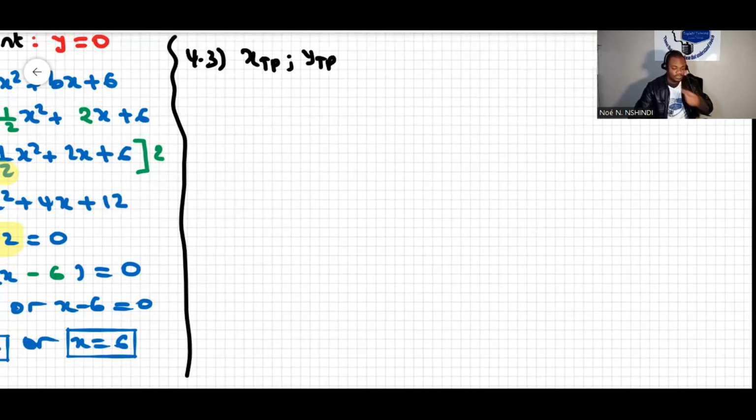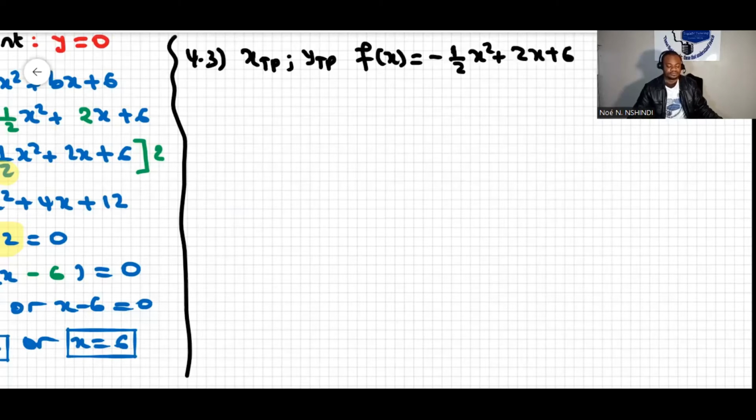The turning points of f of x, which we did calculate in the previous video. In the previous question, a was a half, b was 2, and then plus 6. Now, there are different ways to find the turning points. I can use the formula x equal to -b over 2a.